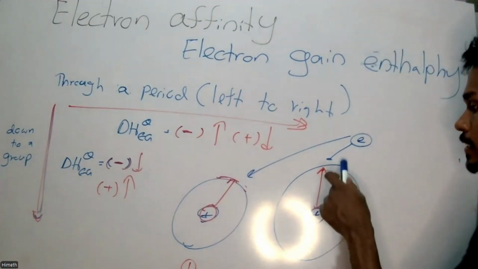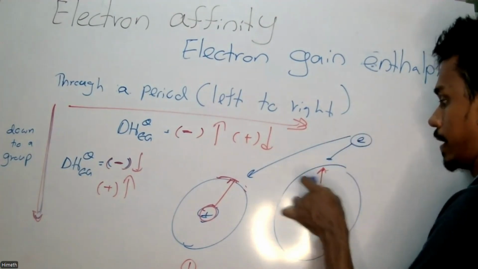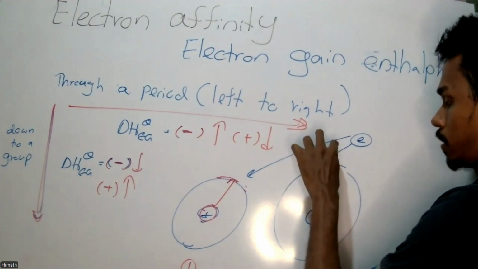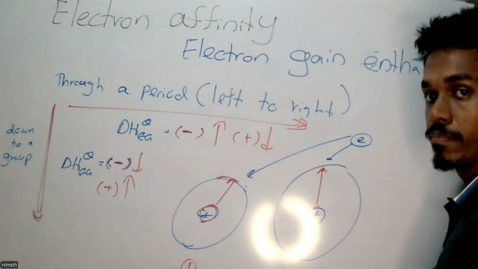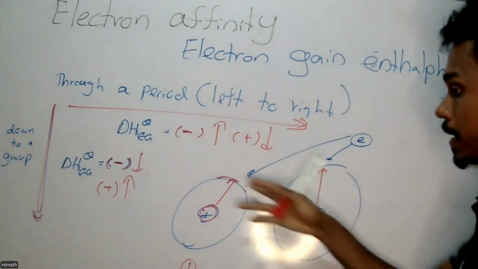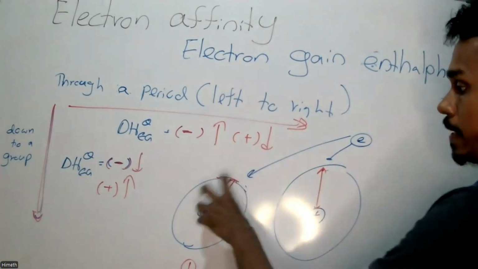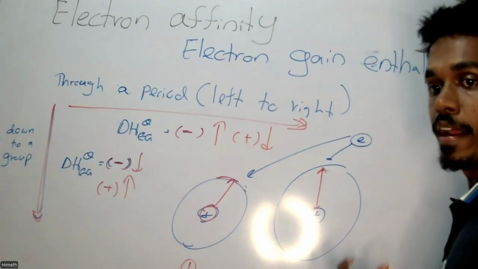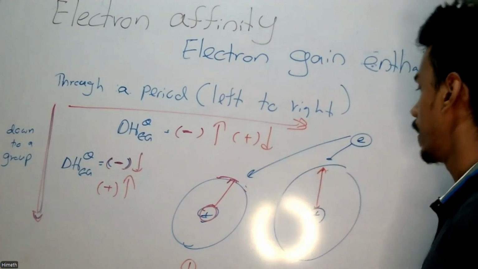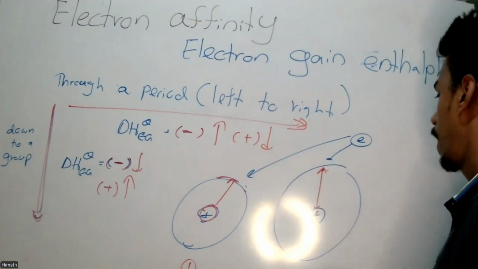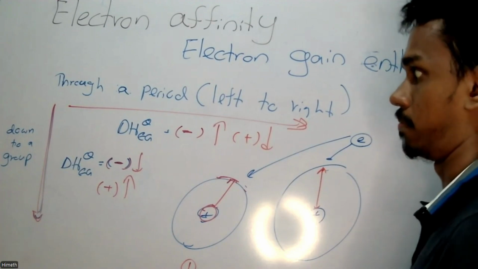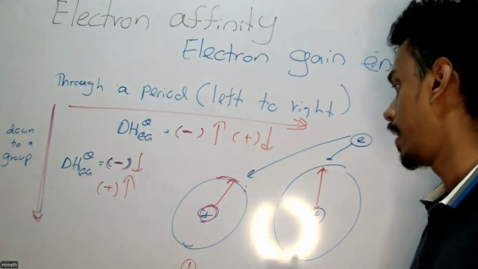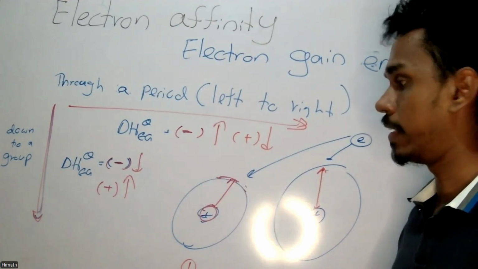But here, the distance between the outer energy state and the nucleus will be large compared to this distance. So a smaller distance means that the nucleus can attract highly compared to the other atom. So that electron gain enthalpy will decrease when the atomic radius decreases.